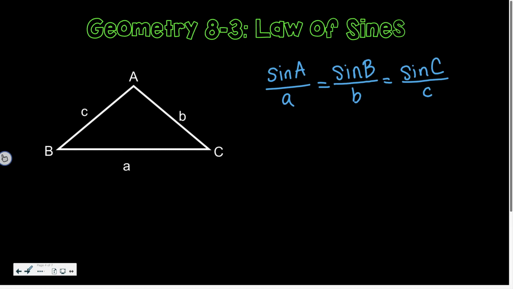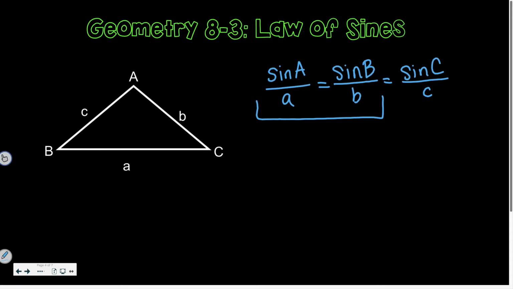Now, law of sines. A lot of you have asked me, when should I use law of sines? Often if you have 2 angles and 2 sides, or 2 angles and 1 side and you're solving for a side, you would do law of sines. If you have 2 sides and an angle, and you're solving for an angle, you're still going to do law of sines because you have enough to plug in. Remember, you only have to have 2 fractions set equal to each other.